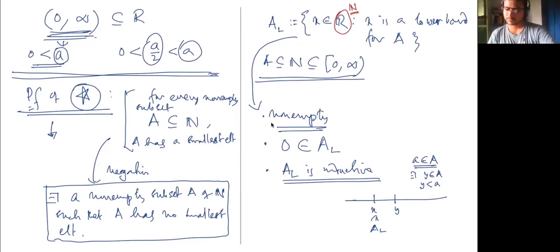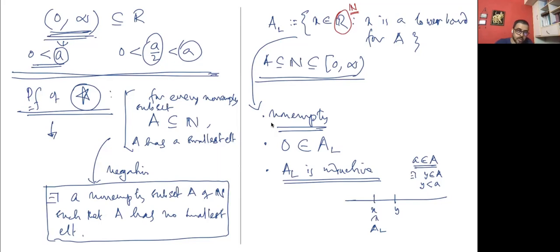So can we say that suppose A_L is not inductive, then we have an x in A_L which is a lower bound, but x plus 1 is not a lower bound. And if x plus 1 is not a lower bound, it means that there is some y in A such that y is less than x plus 1.